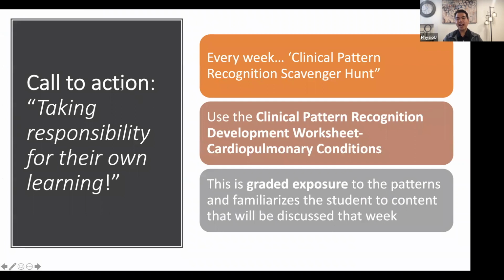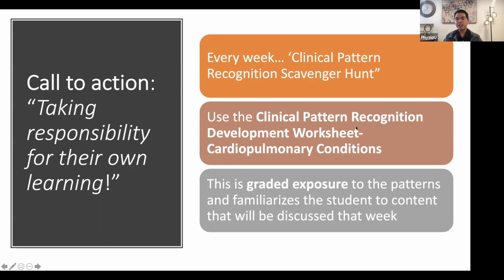So the call to action is what I had mentioned earlier. I tell them at the beginning of their program, at the beginning of 2 semesters of ortho, that there is a method to becoming a clinician. It is going to take some work on their part. And part of that is every week they're going to do their clinical pattern recognition scavenger hunt. Now that'll be different for cardiopulm, or it may be similar. We had so many patterns, they had to do it every week.